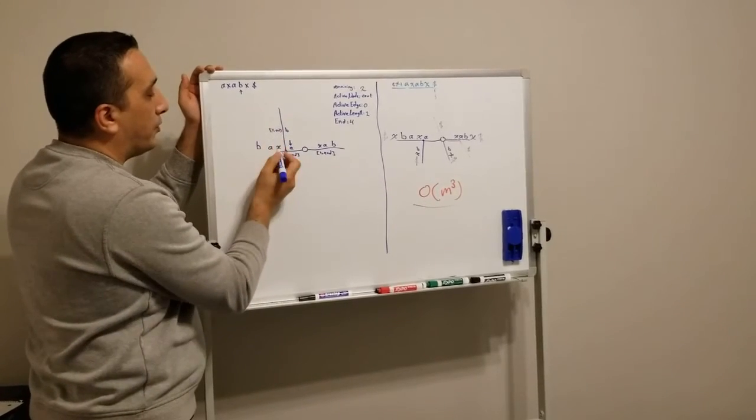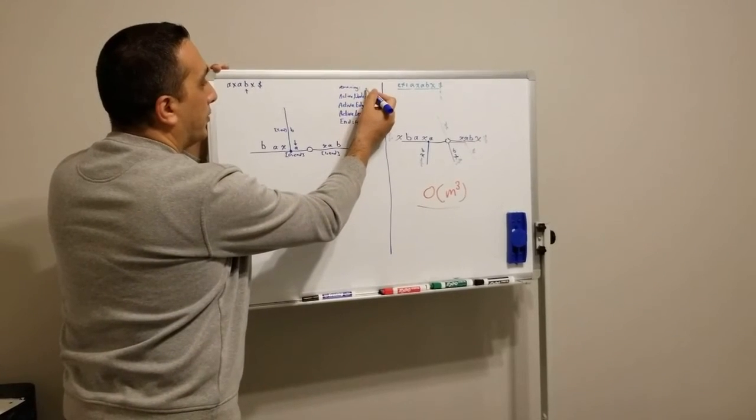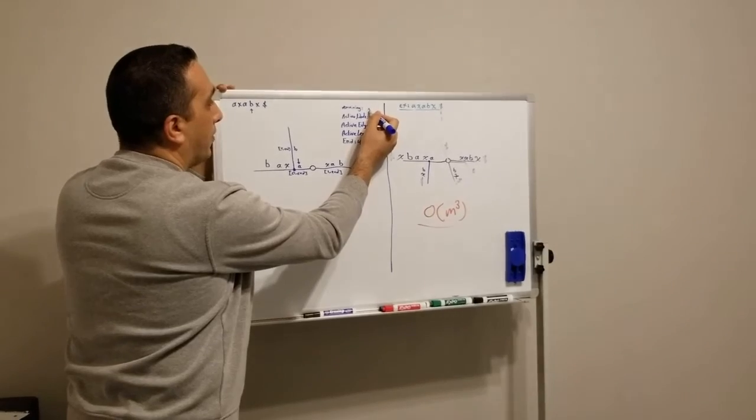And because we applied rule number 2, we're going to decrement remaining by 1. So that's going to be 1.